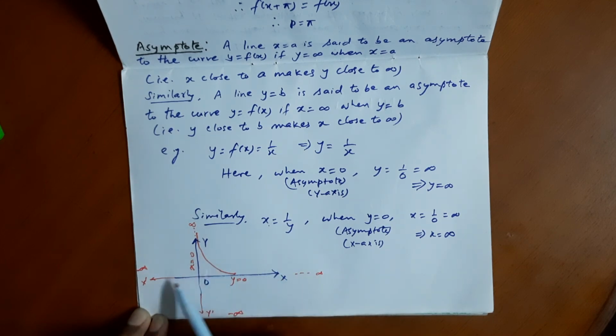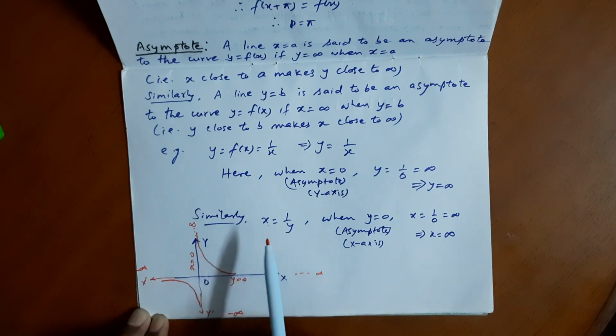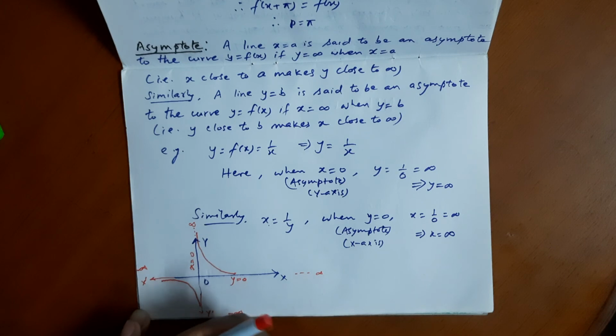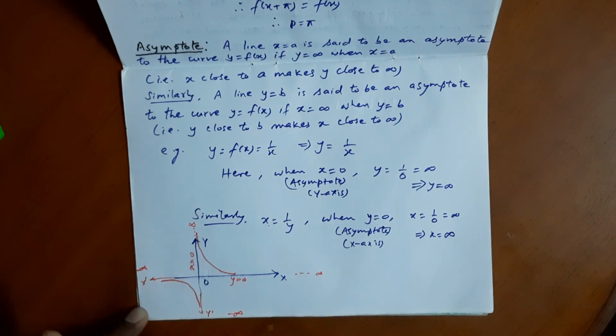So this type of curve will also be on this side. So the curve will be of this type. This asymptote is also helpful to find out the nature of the curve. In this way, I have explained some basic concepts to plot the curve.